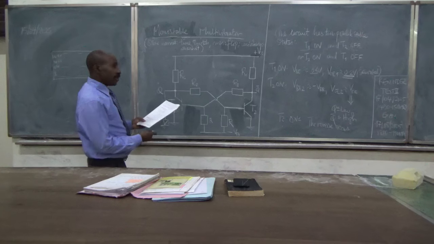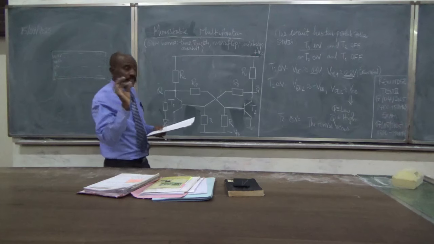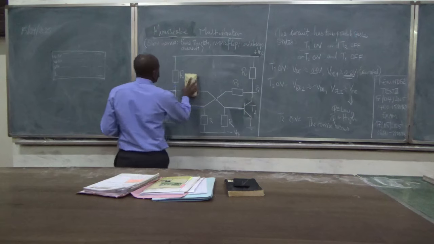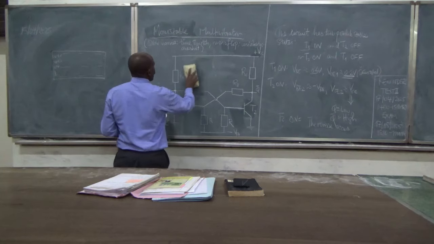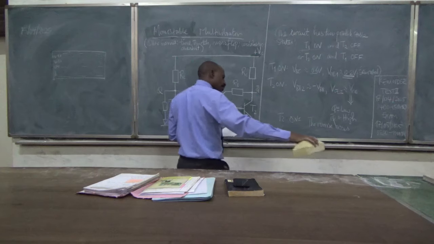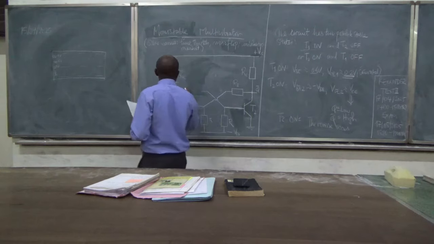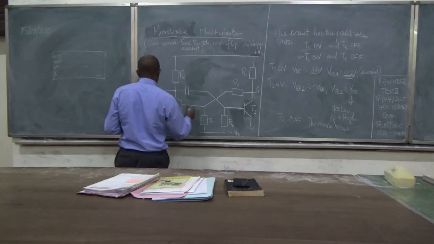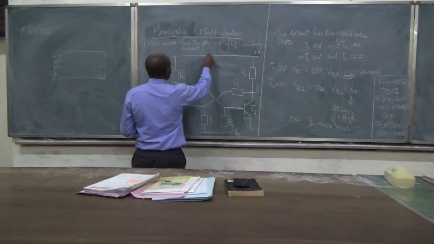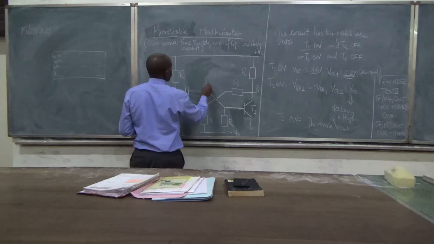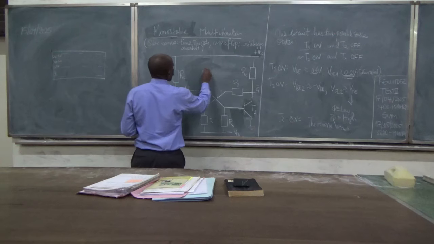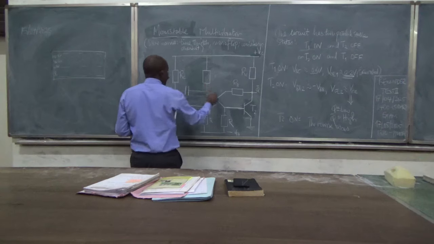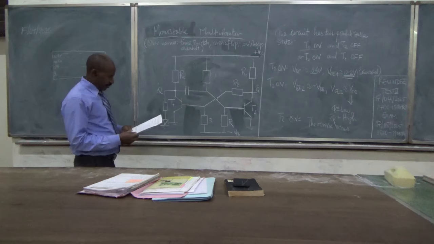And then that means that we store some charge on one of the transistors here. So on T1, we add a resistor and then a capacitor. So we have a capacitor here, and then we have a resistor here. And the rest, we keep it as it is.